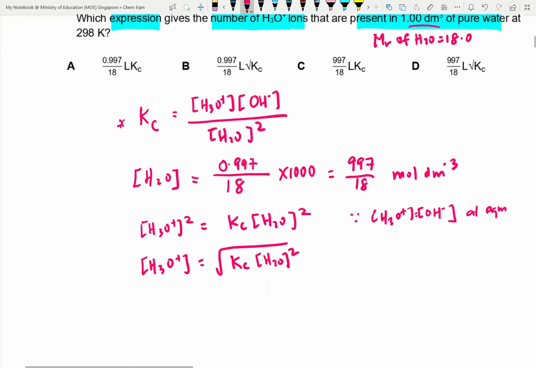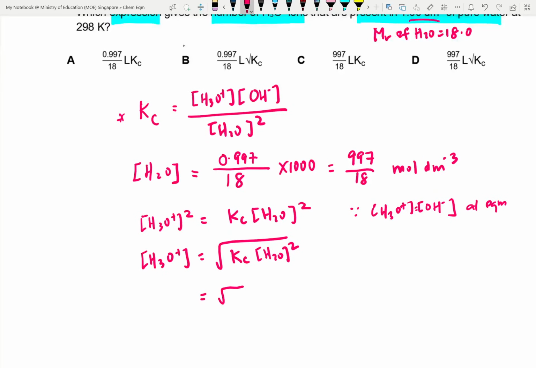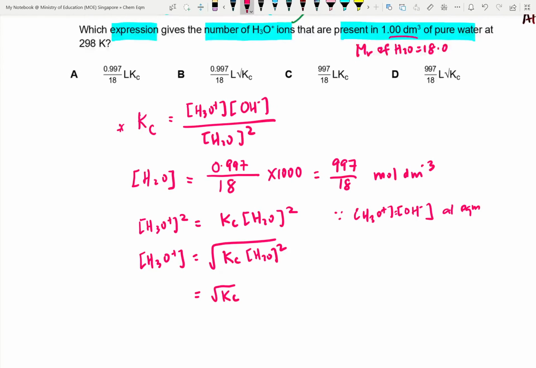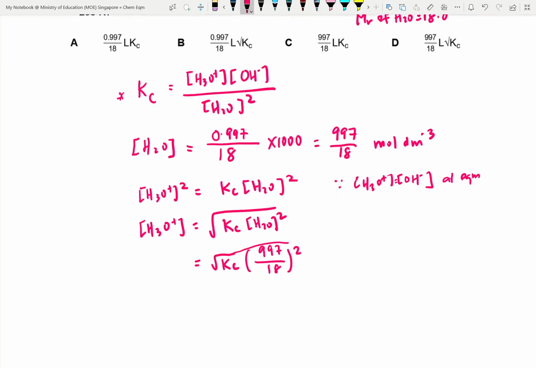Agree? So this is Kc, and [H2O] is simply 99.7/18 squared. As a result, it is 99.7/18 times the square root of Kc. This would be the value in terms of mole per dm³.